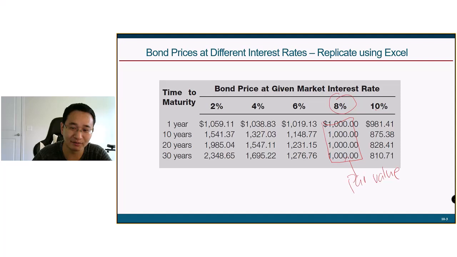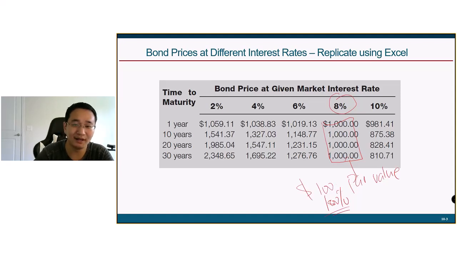In this class, the par value is going to be defined as 1,000, just like you guys learned from Finance 680. However, you need to know that sometimes some other people will define the par value as 100, or sometimes just 100%. Okay, so just keep this in mind.